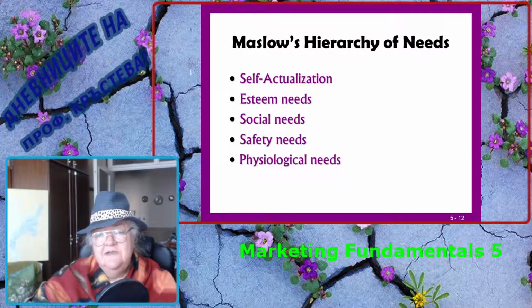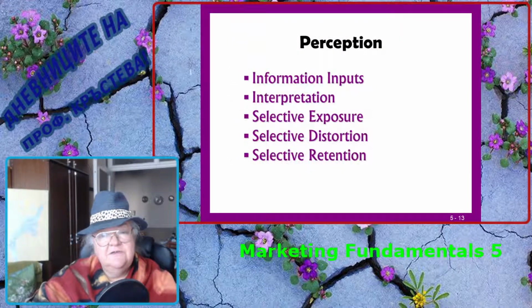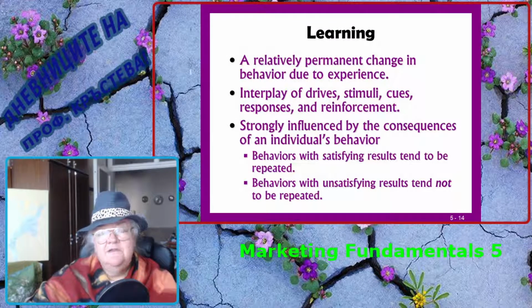We have already studied Maslow's hierarchy of needs, which means self-actualization at the top, esteem needs, social needs, safety needs, and the fundamental ones, the physiological needs. What is perception? We have information inputs, interpretation, selective exposure, selective distortion, and selective retention when we are speaking about perception.